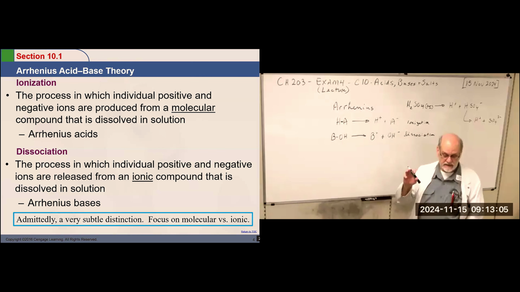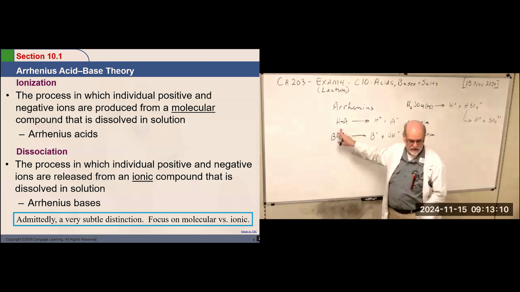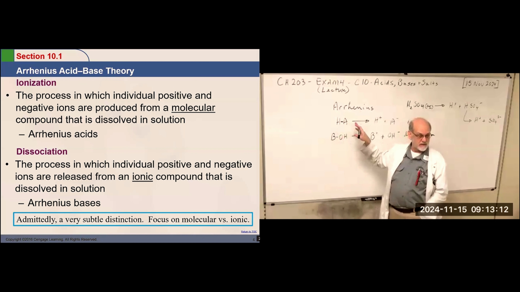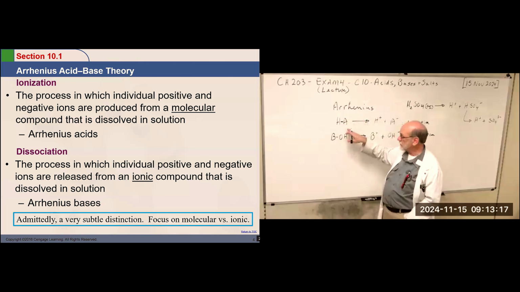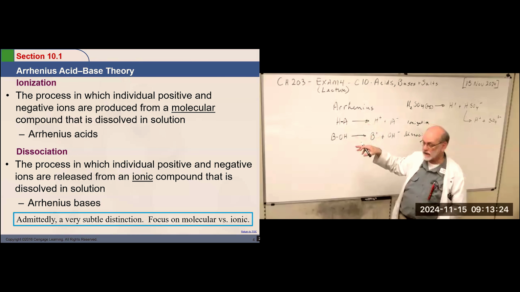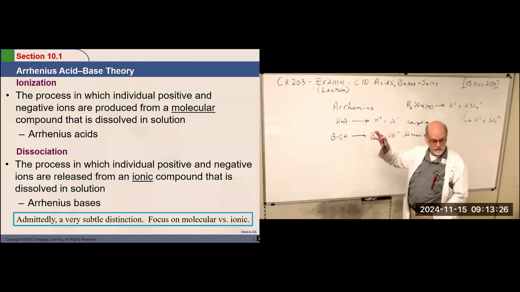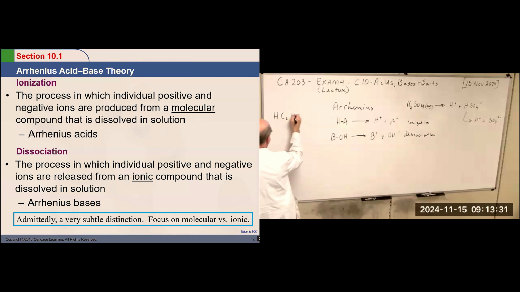So here's the slide I was talking about. Ionization requires, for acids, that a covalent bond is broken. Now this covalent bond is not as strong as any other hydrogens. If you've got a molecule with other hydrogens in it, in this part of the molecule, they're much more strongly bound. They do not ionize. For instance, acetic acid. There's your acetate part of the molecule, the acetate polyatomic ion.